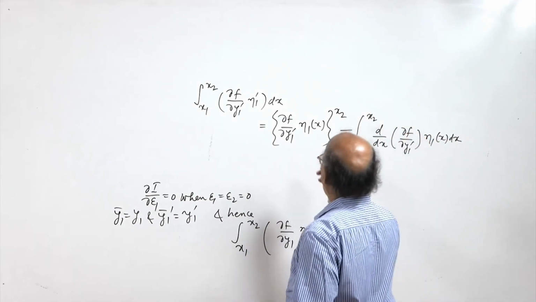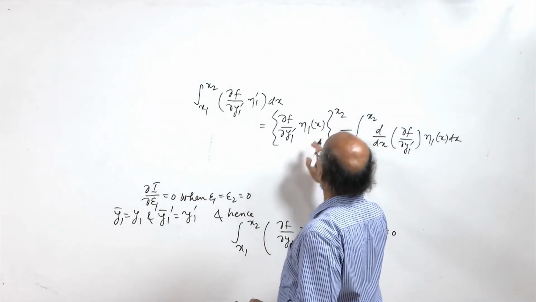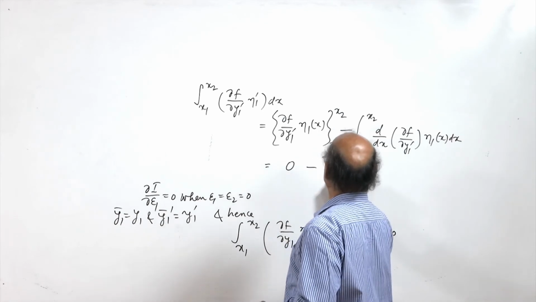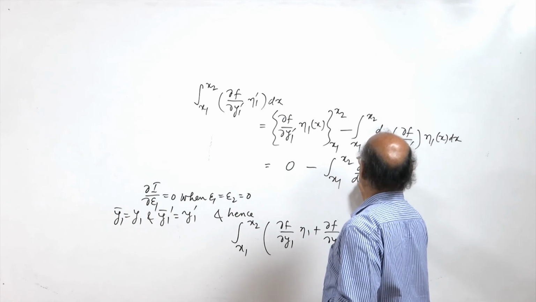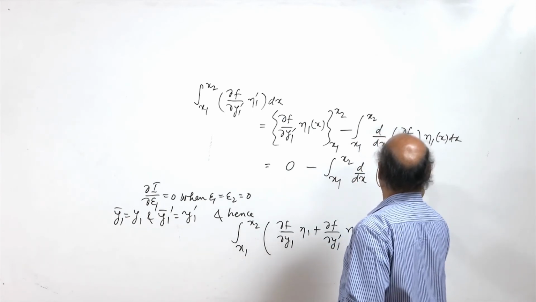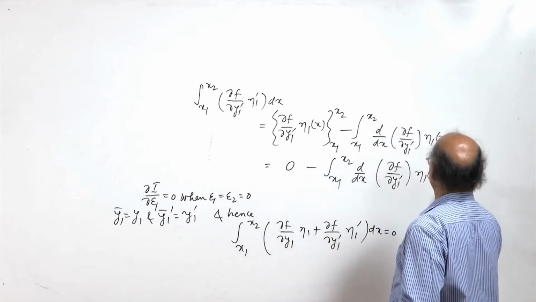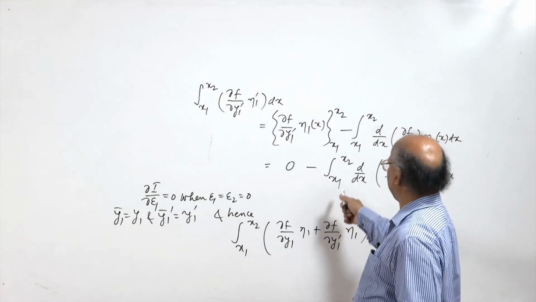Now we have assumed that eta 1 vanishes at x1 and x2. So since eta 1 at x2 is equal to 0 and eta 1 at x1 is equal to 0, we shall have 0 minus integral x1 to x2 of d over dx of delta f over delta y1 dash eta 1. So the second term here becomes this.